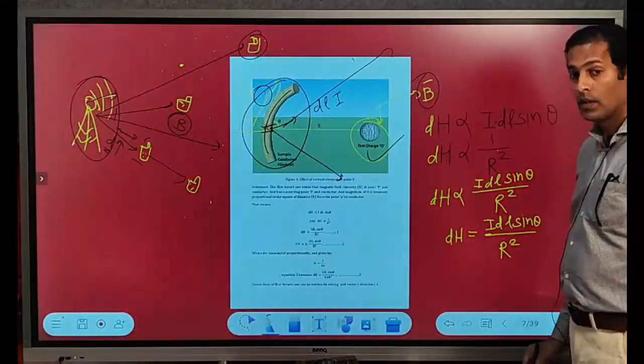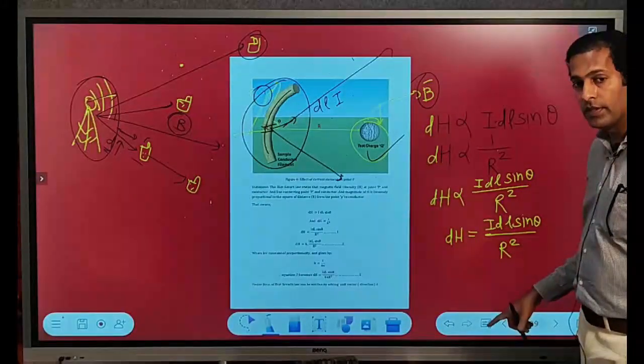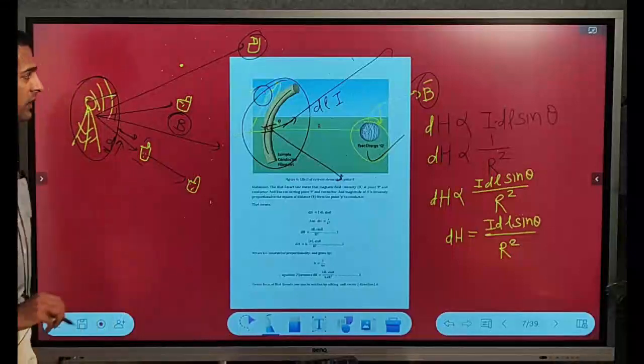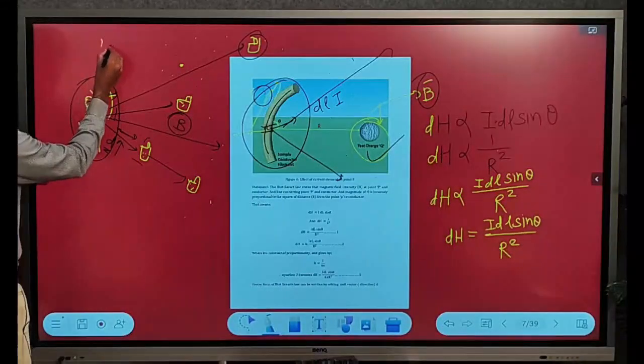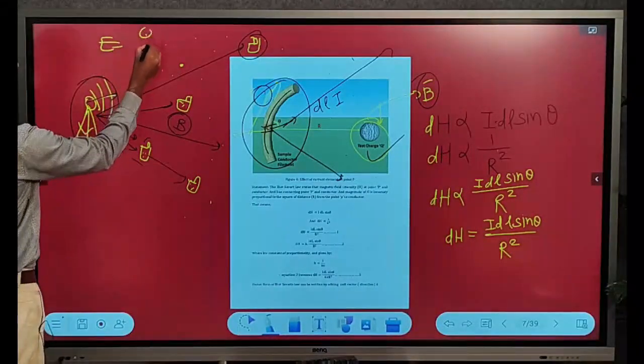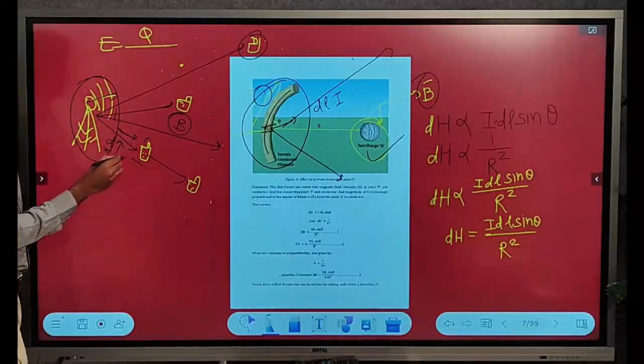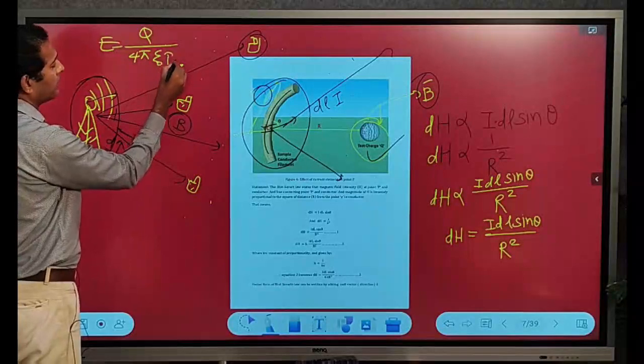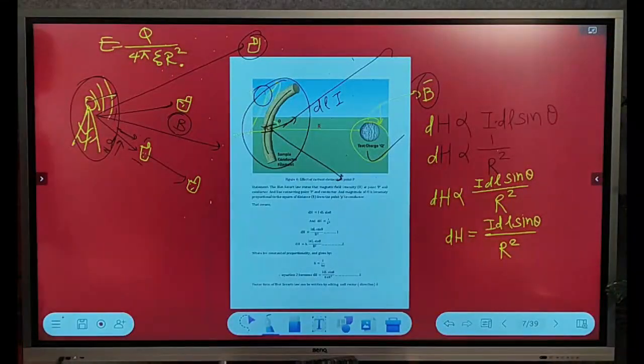Right? Now we will compare this with the electric field formula. What is the electric field formula? For a single point charge, E is equal to Q by 4 pi epsilon naught r square.